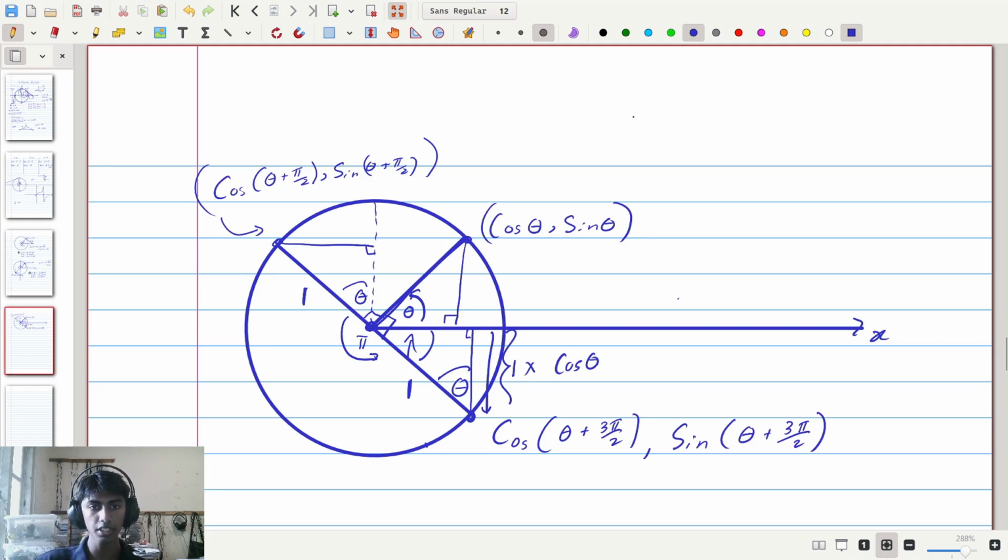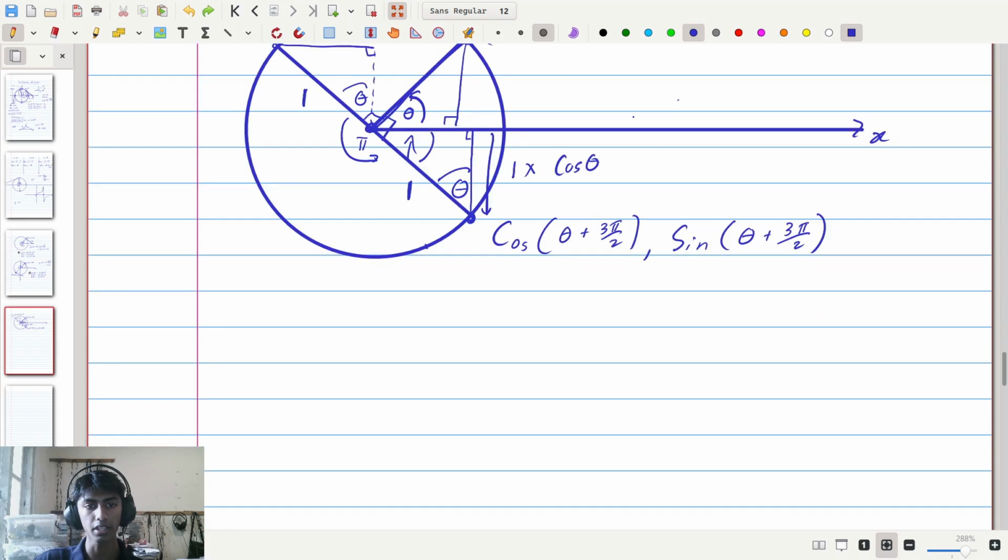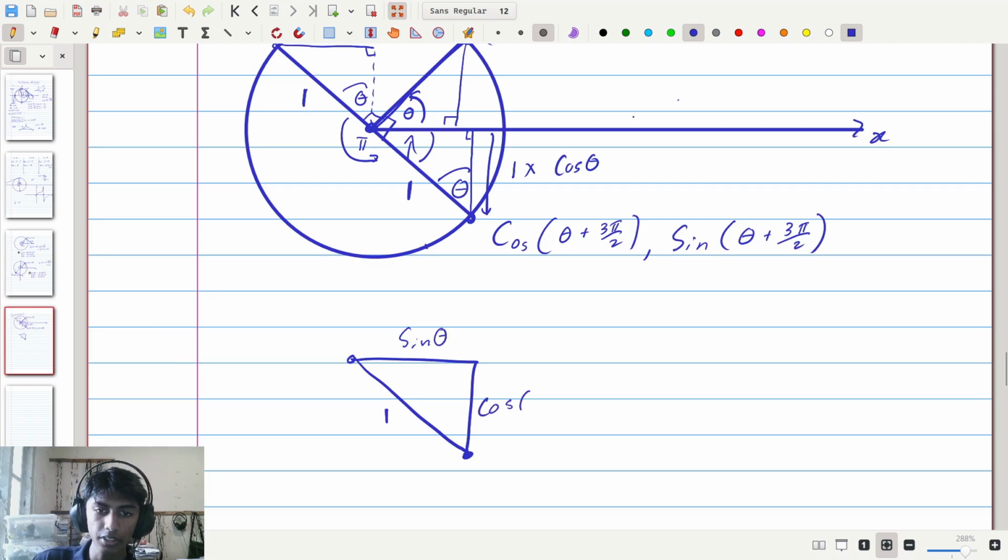So this length is cosine of theta. How about this side? On this side, this length in this direction would be sine of theta. So if I draw this triangle separately, this is length 1, this is length sine theta, and this length is cosine theta.